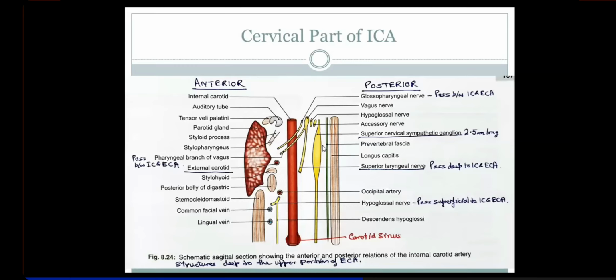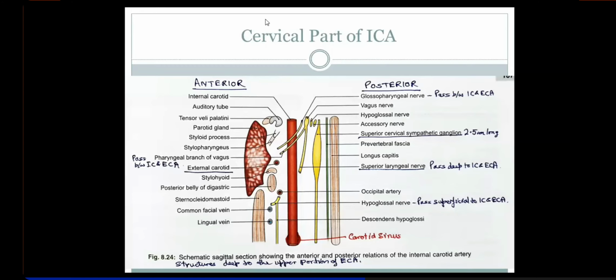There are some structures passing between the external and internal carotid arteries. They are asked as MCQs or in viva exams. Then there are few structures which pass deep to these arteries, both these arteries, right?